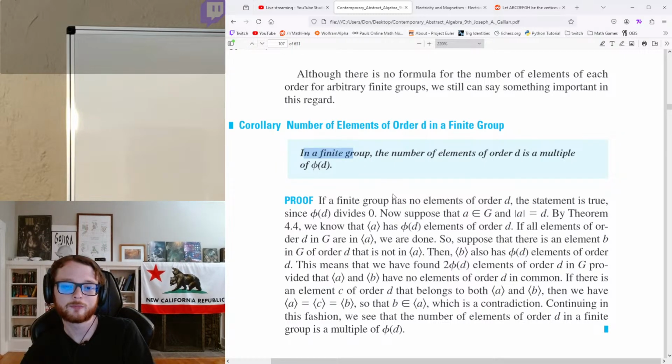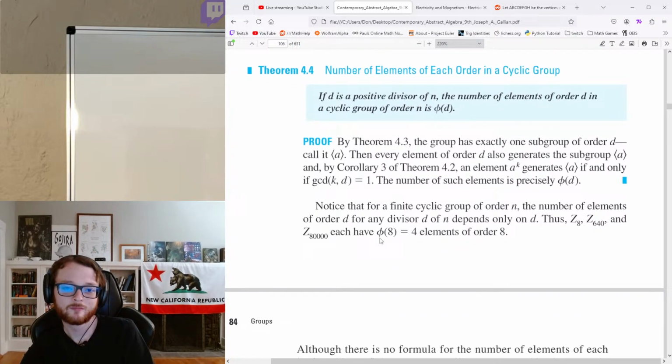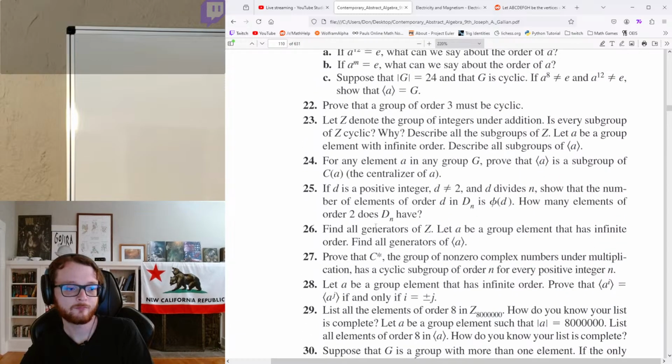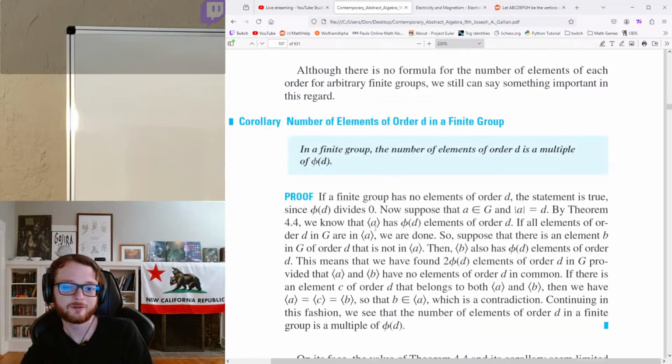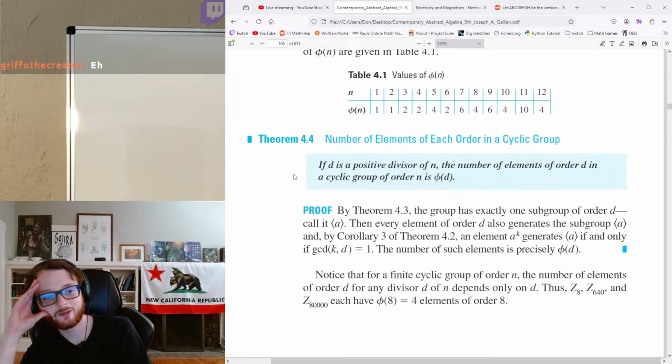In a finite group, this is an infinite cyclic group. How would theorem 4.4 apply to integers under addition?